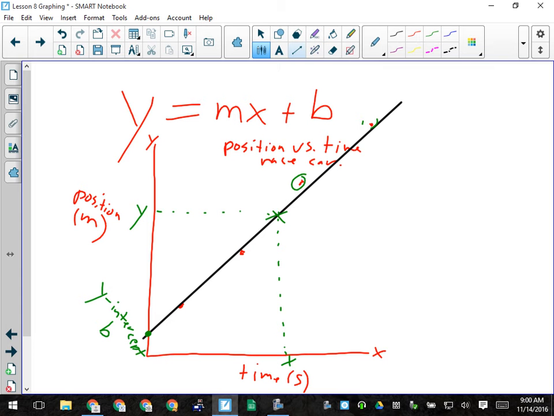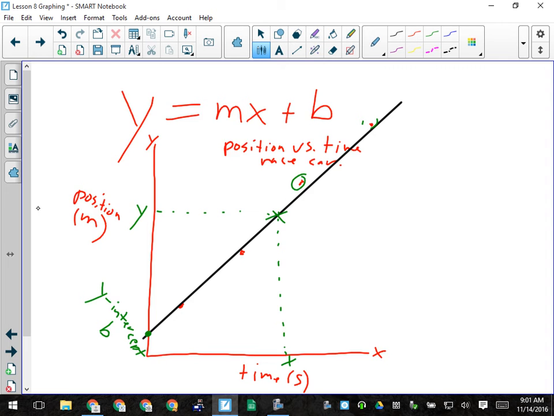Yeah, speed or velocity if we're dealing with the vector ones, right? So the slope of this line is going to tell me how fast the race car is going, because it'll tell me how many meters it goes every second. It's going to tell me the rate at which the position changes over time, or how many meters it goes over time. In other words, v equals d over t.